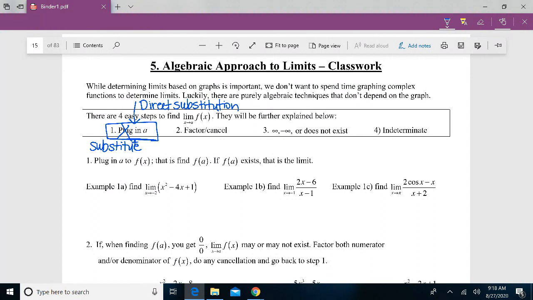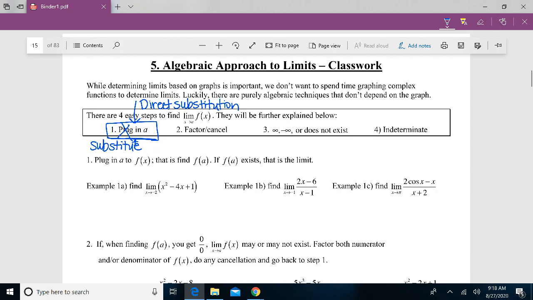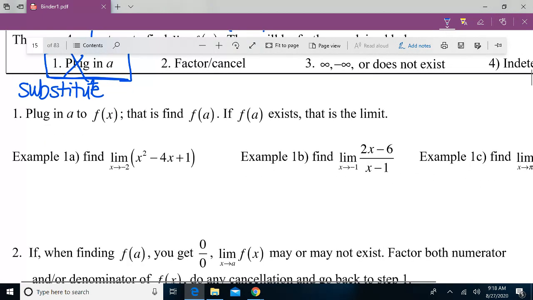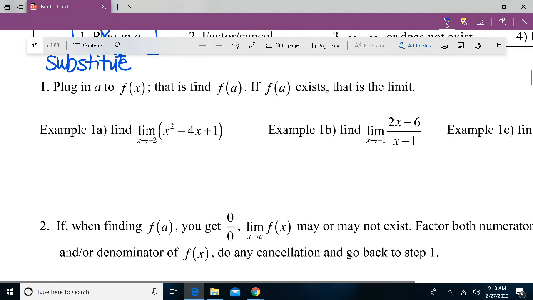Okay, so if I try direct substitution, if I look at example 1a, zoom in on example 1a, I need to find the limit as x approaches -2 of x squared minus 4x plus 1. So I'm going to substitute in this -2.